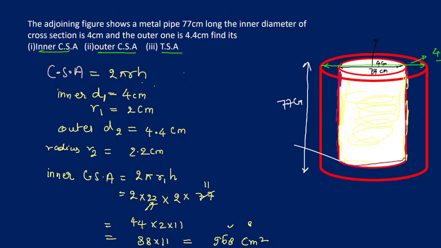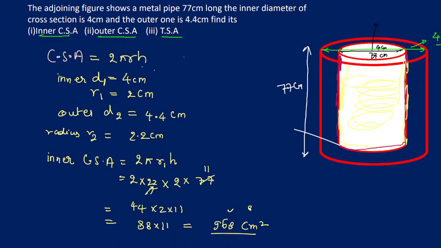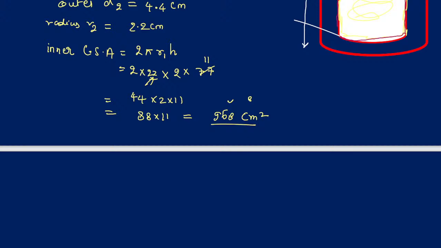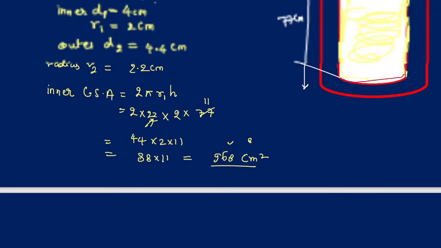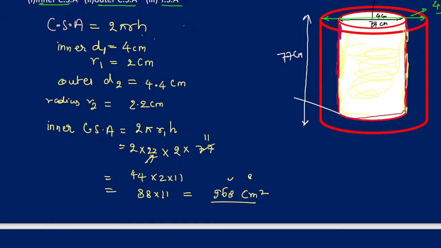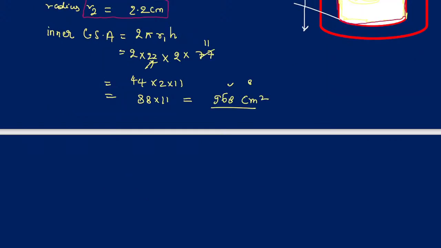Now, the second question is to find the curved surface area of the outer cylinder. In order to find the curved surface area of the outer cylinder, we have to take radius R2. Which radius do we have to take now? Beta, we have to take this radius, because we need R2 to find the curved surface area of the outer one. The curved surface area of the outer cylinder is also 2 pi R2 H. Then 2 pi is 22 by 7.